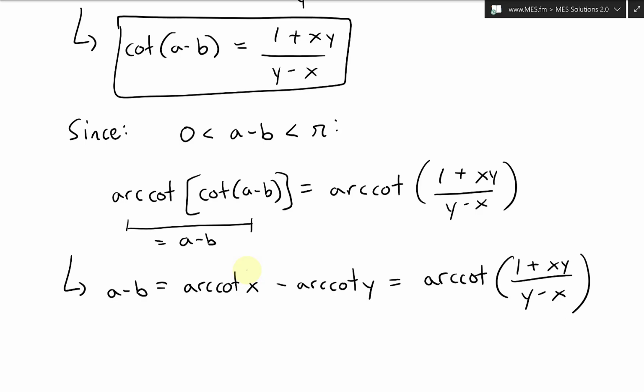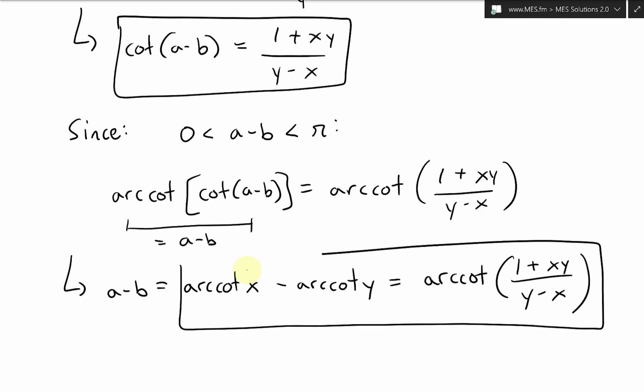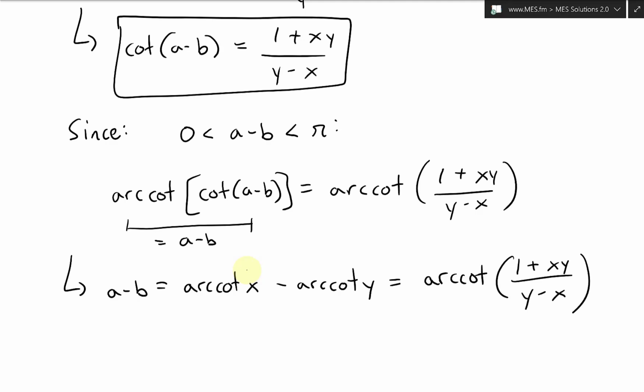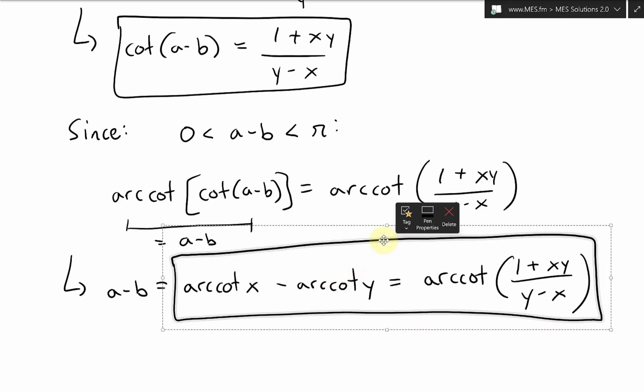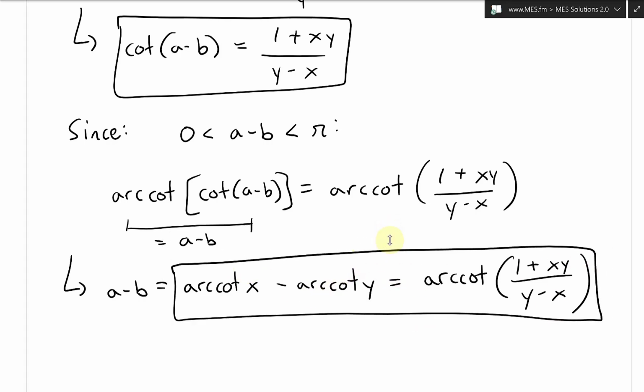And let's box this whole thing. So there is our similar formula to the tangent one, or the arctangent, but now we're dealing with arccotangent.